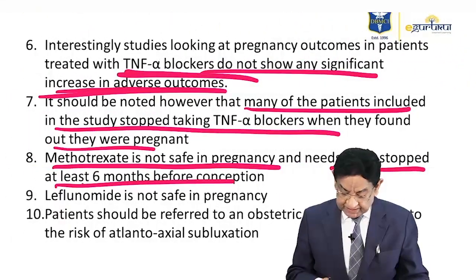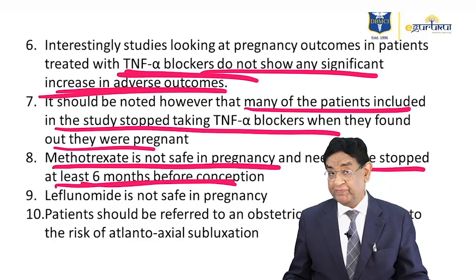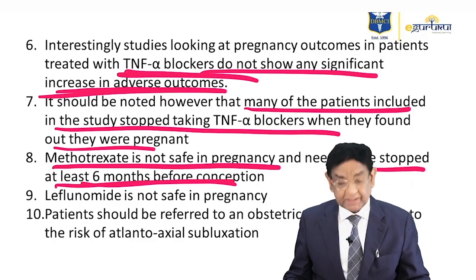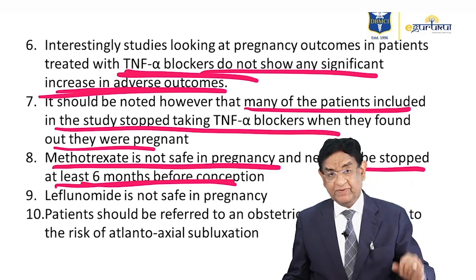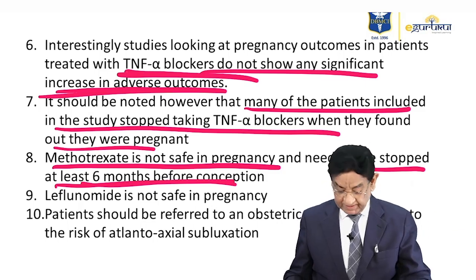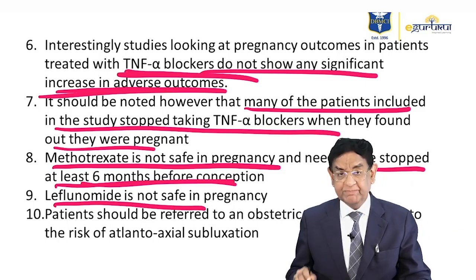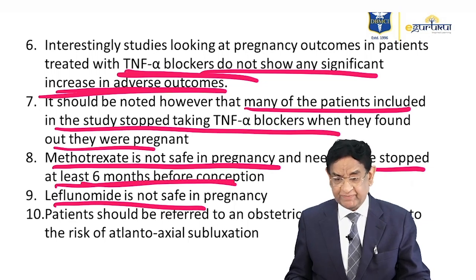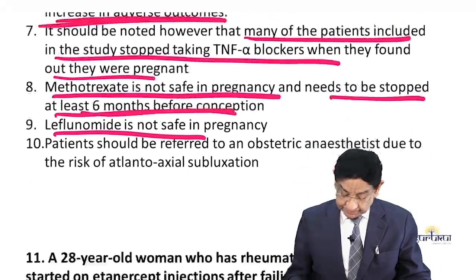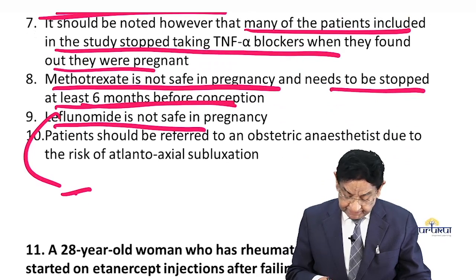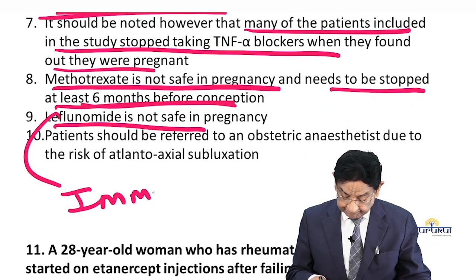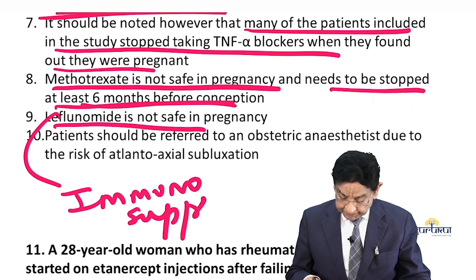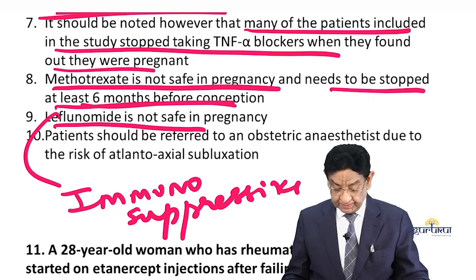Stop methotrexate at least 6 months before conception. What can you give? Sulfasalazine can be given. Even leflunomide, which is an immunosuppressive drug, is not safe. It should not be given.